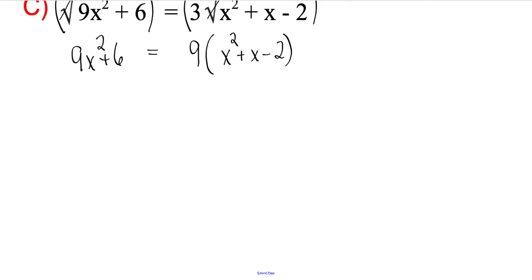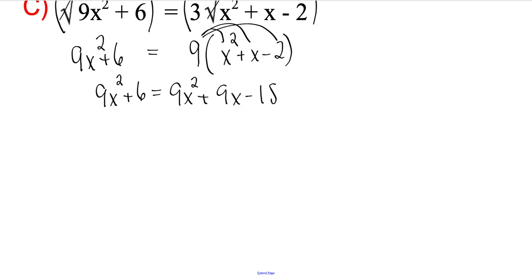Okay? So, next step would be to distribute the 9 on the right. And then we're going to have to move stuff around to get it equal to 0, because we're going to have to factor. We got an x squared, we got an x. Well, we might. I have to see a 9x squared here and here. Those are probably going to cancel. Okay, which they are. If I move this over, those are going to cancel out.